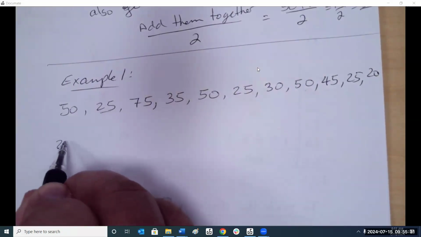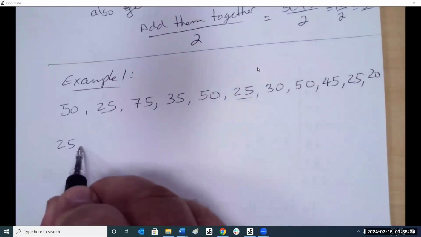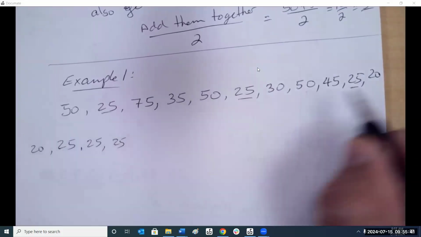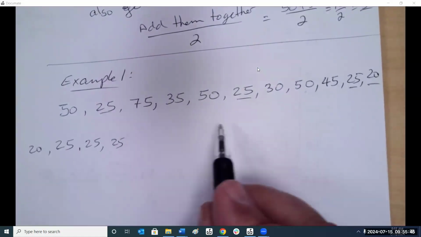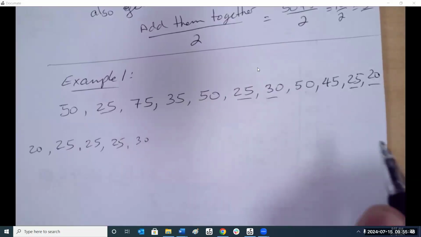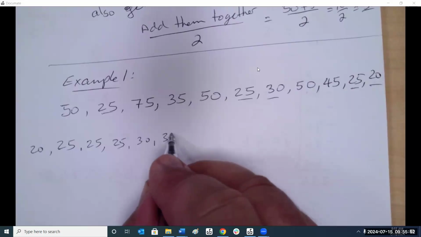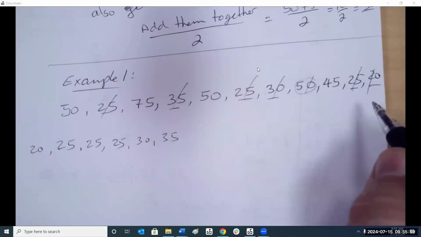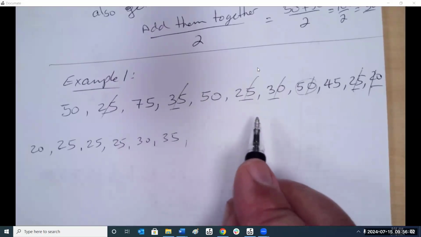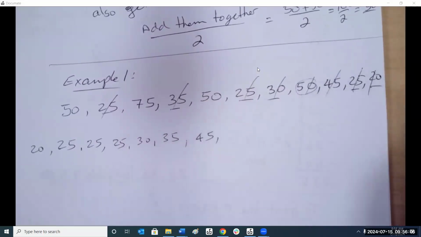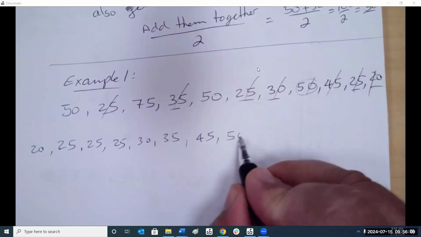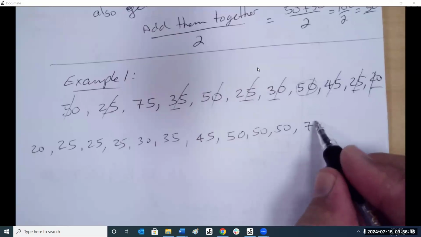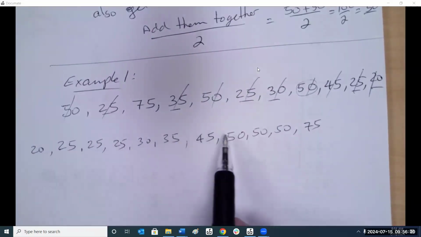So we have 20, 25, another 25, another 25, 30, 35, 45, 3 50s, and a 75. 1, 2, 3, 4, 5, 6, 7, 8, 9, 10, 11.